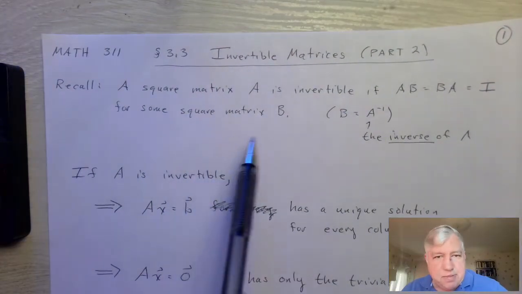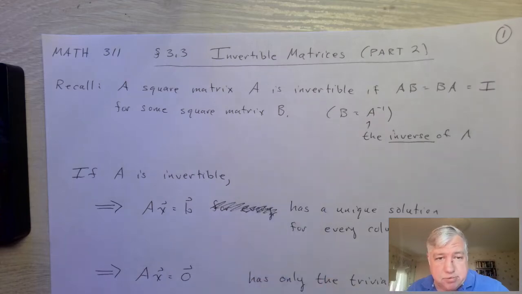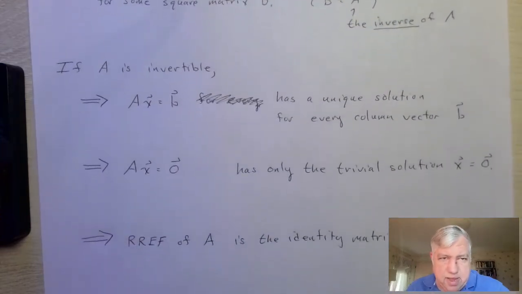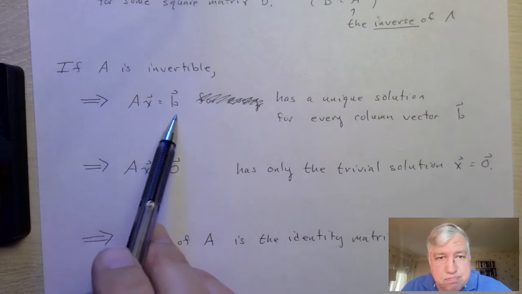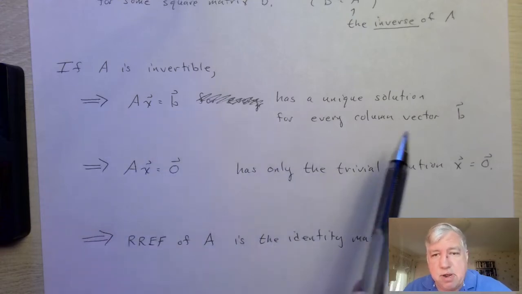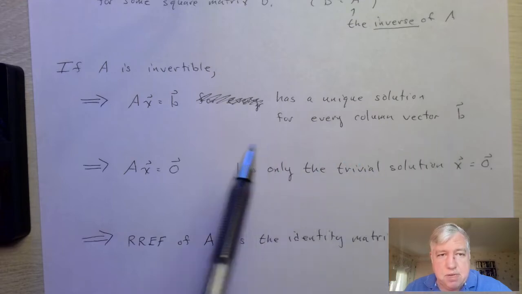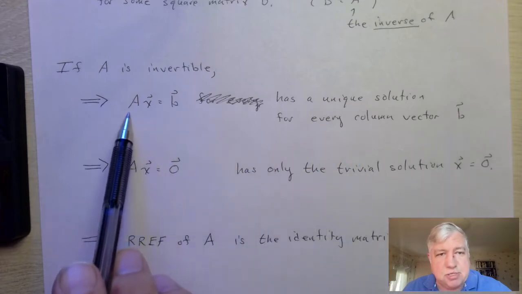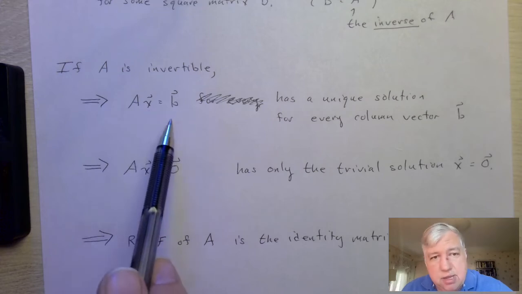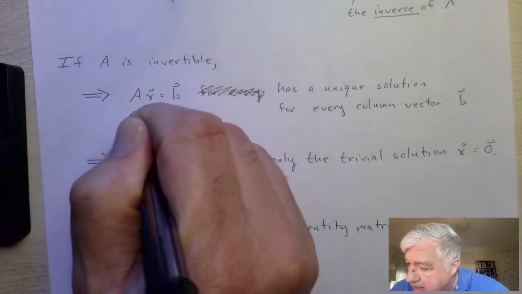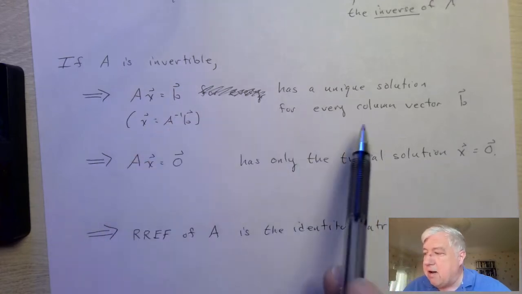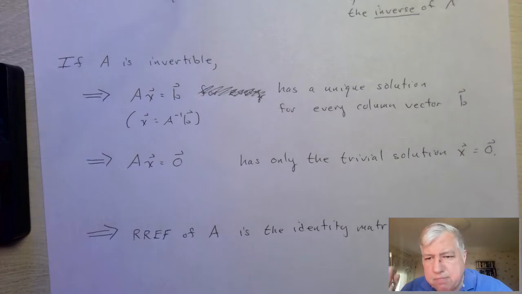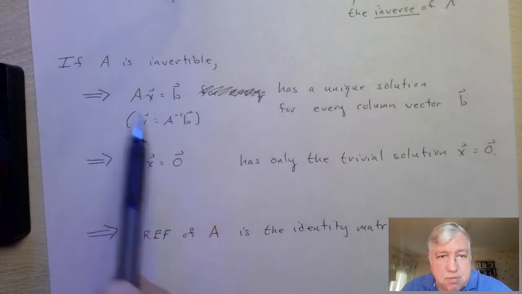Again, this was the definition of invertible matrices, and we said that if A is invertible, first of all, that implies that the matrix equation AX equals B has a unique solution for every column vector B. Because if A inverse exists, we can just apply A inverse on both sides, and we get that X is going to be A inverse B. This holds for any column vector B, and of course we're assuming all the dimensions agree with each other so that this expression makes sense.